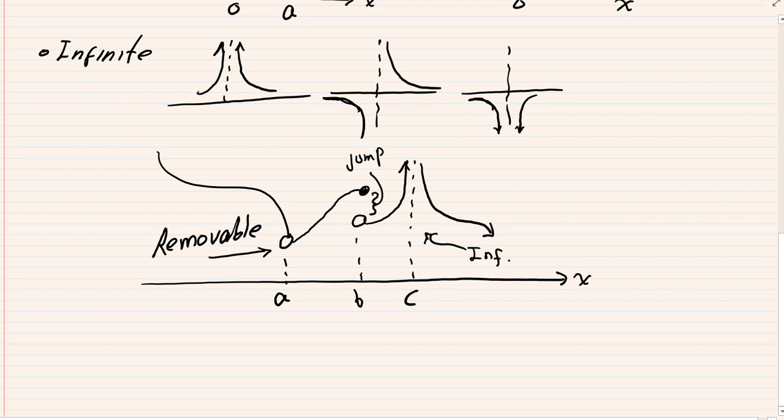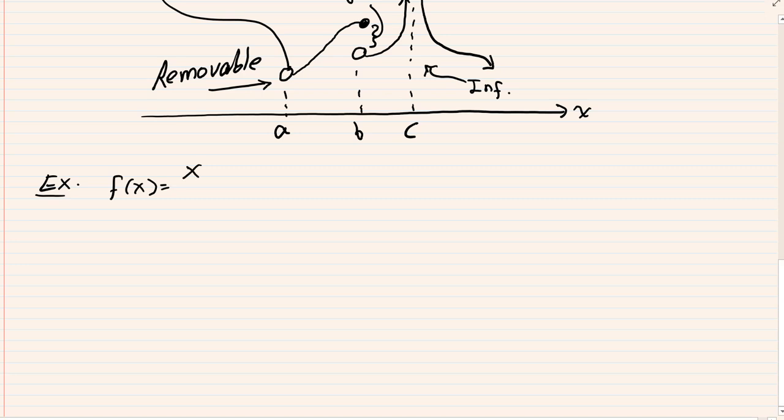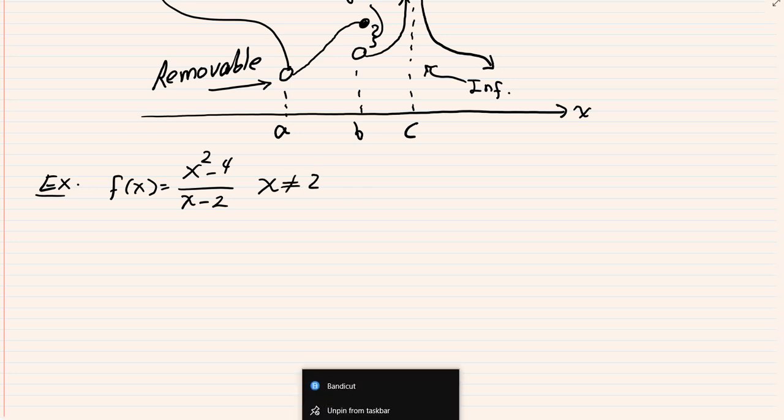Okay. So let's take a look at now another example where actually we have a function to work with. So we want to see what kind of discontinuity there is. So here, example, let's say I have f of x is equal to x squared minus 4 divided by x minus 2. And of course, x cannot be 2 because you get division by 0.